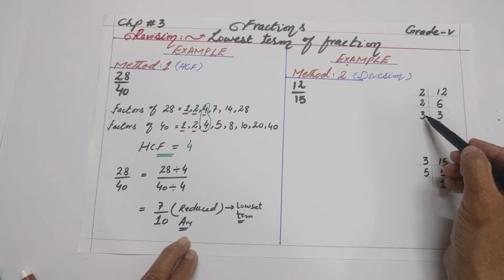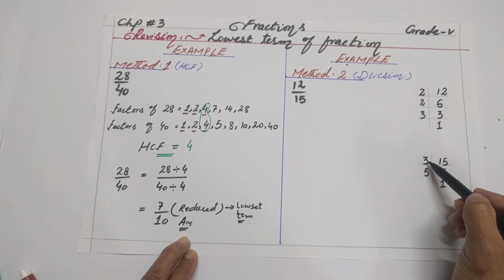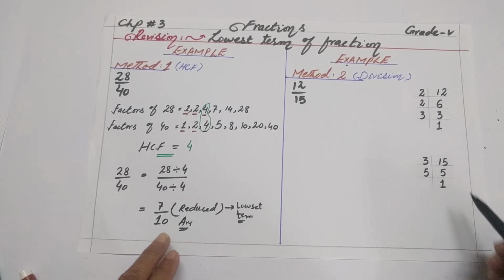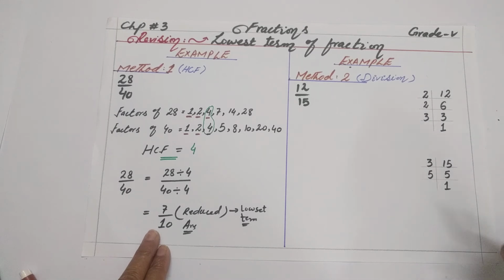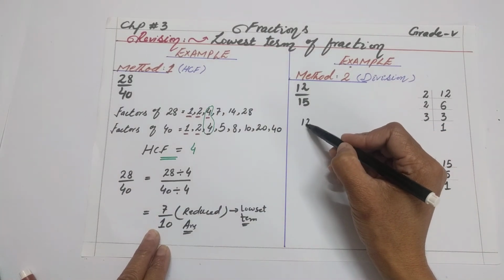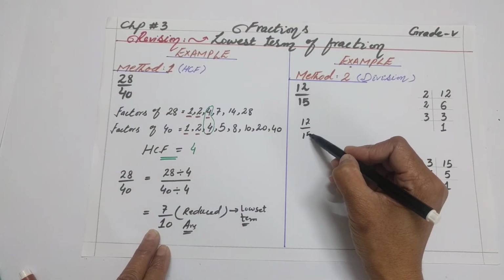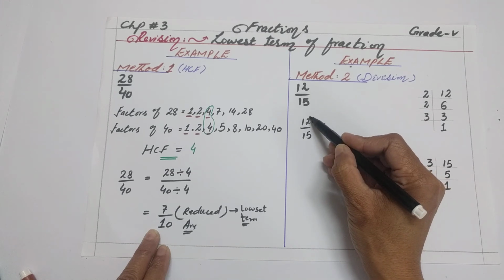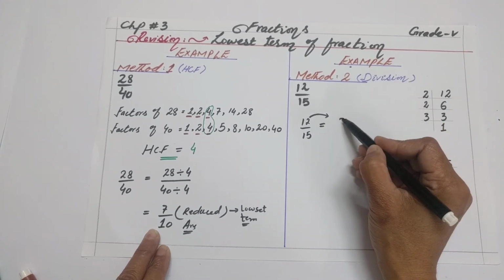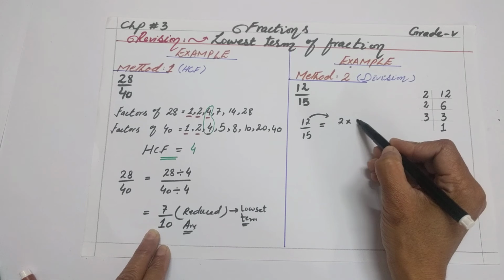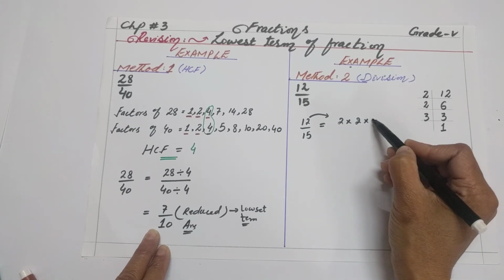Now these all are the prime factors of 12 and these all are the prime factors of 15. So we have to write the prime factors of 12 and prime factors of 15. What are the prime factors of 12? 2 multiply by 2 multiply by 3.